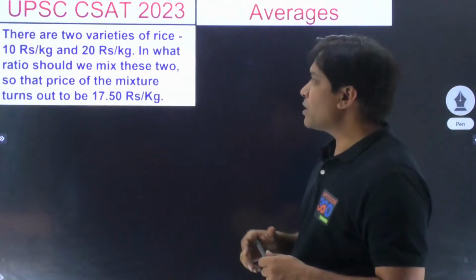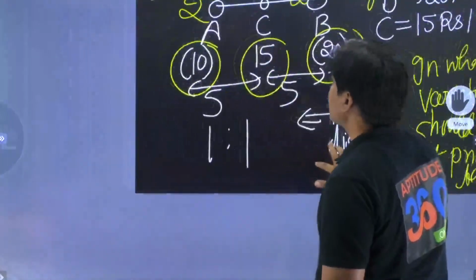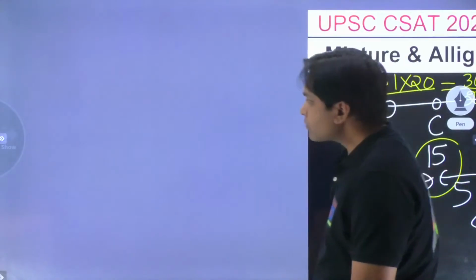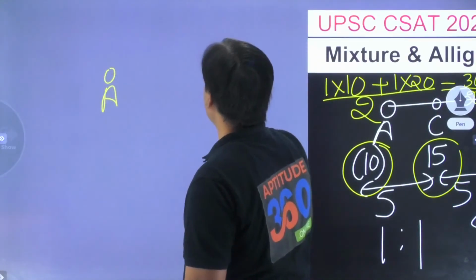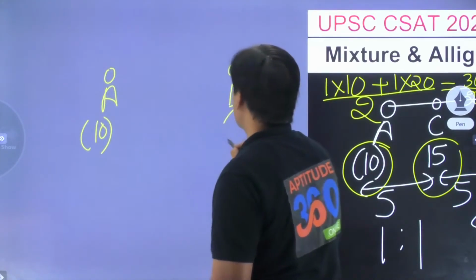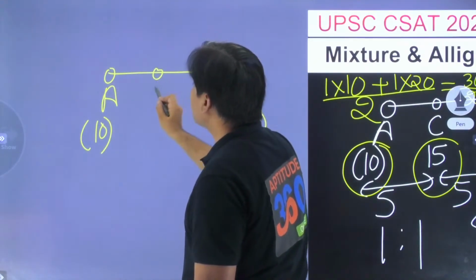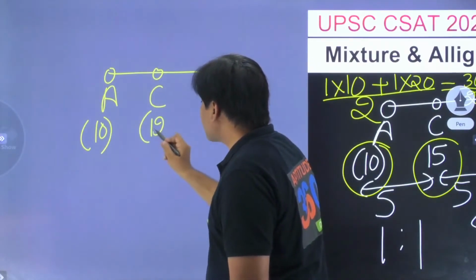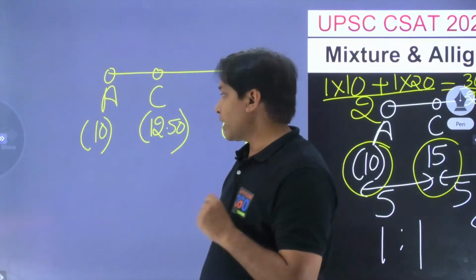Now my second proposition, इसको अभी मत देखो. My second proposition out here is, what if I say I have got a 10 rupees variety and I have got a 20 rupees variety. Further, the same problem. Listen to the problem now. And I want to have a third variety, and the price of the third variety should be 12.5 rupees per kilogram.